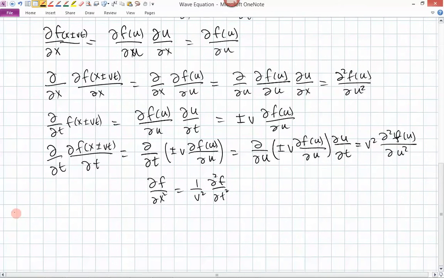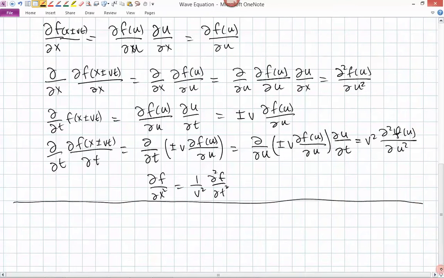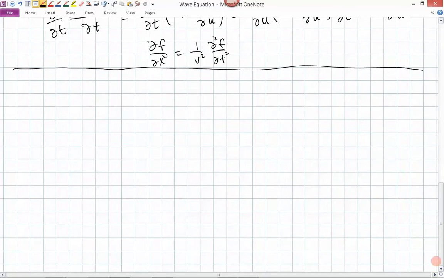Okay, so the last thing I want to do in this video is to see how the wave equation arises in a simple problem. And this is the problem of a wave on a string. So imagine that I have a string, say like a guitar string. Then there are going to be vibrations in the string, and the string is going to vibrate, right?